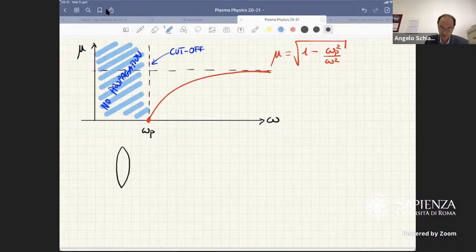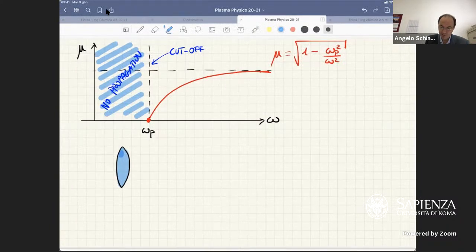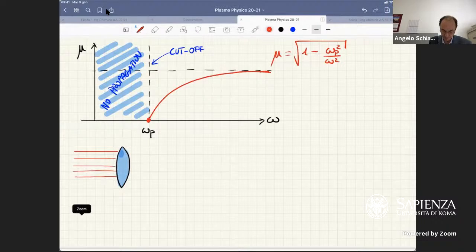We have our lens made of glass, and we send rays through it, parallel to the axis of the lens.